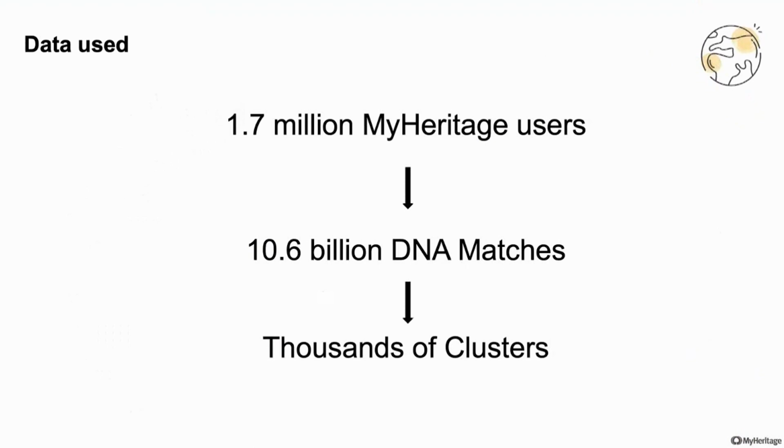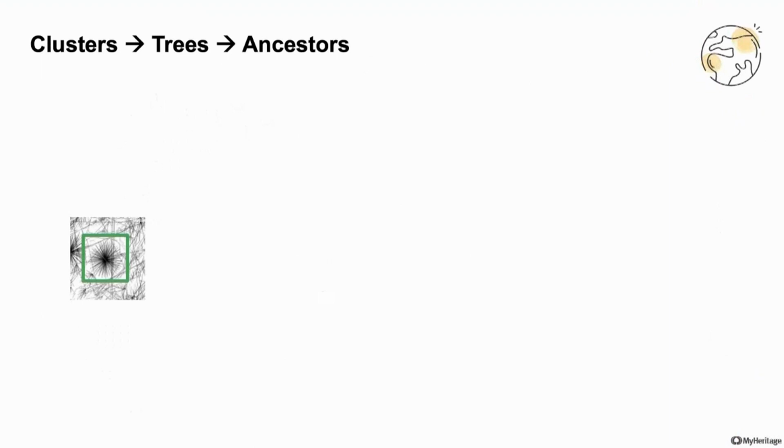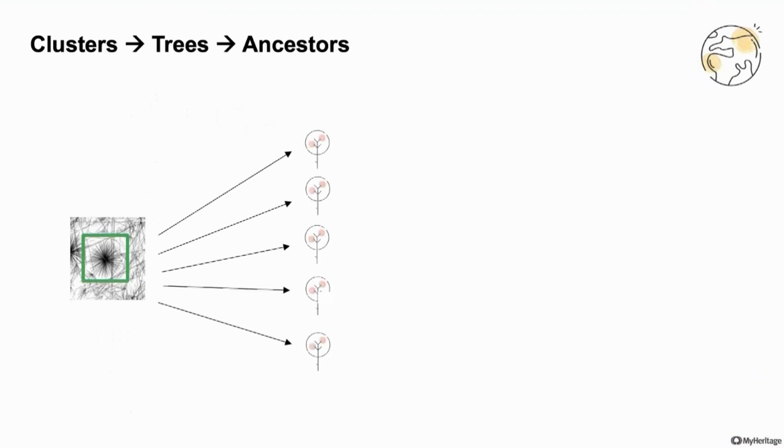And then we said, okay, let's look at these people. Let's see what's in common for each one of these groups. So we took a cluster and we looked at the family trees of the people with the DNA data that we had. There's a lot of valuable data there that we can look at and see what picture we can draw from all this information aggregated together. There's nothing here where we're looking personally, for example.